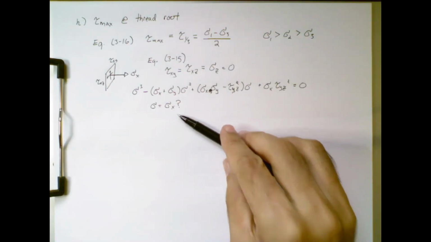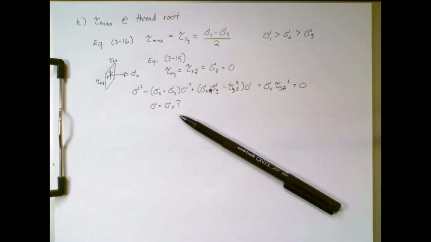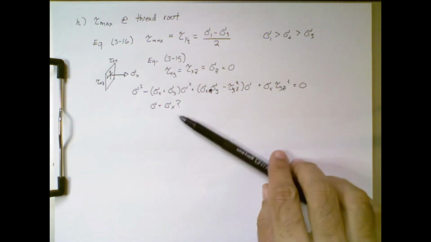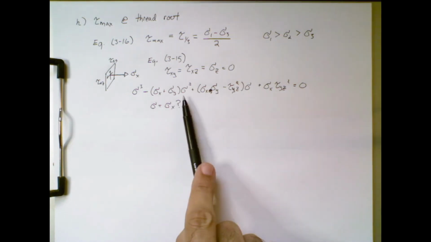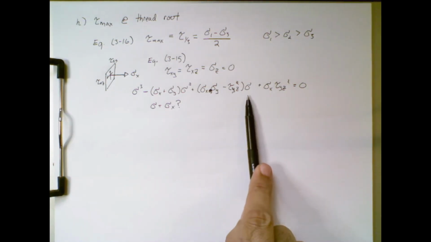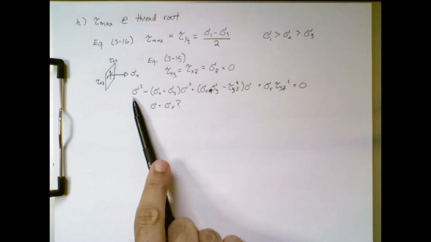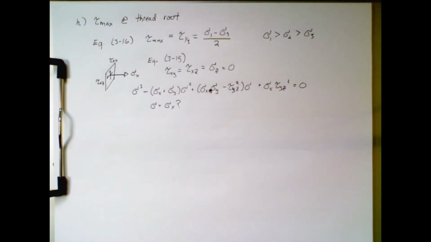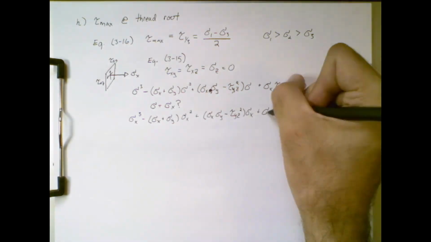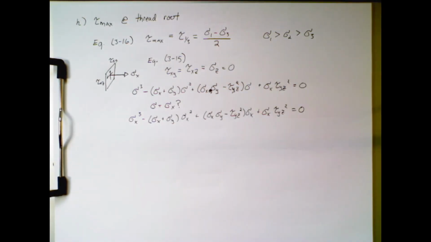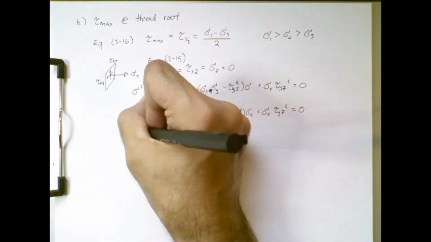Okay, we want to test if sigma is equal to sigma x. Will sigma x be a root of this equation? Now, the independent variable sigma shows up here as a cubic term, here a quadratic, and here a linear term. We're going to plug in sigma x wherever we see sigma and see if that in fact is a 0. Okay, let's multiply this out and see if anything cancels.